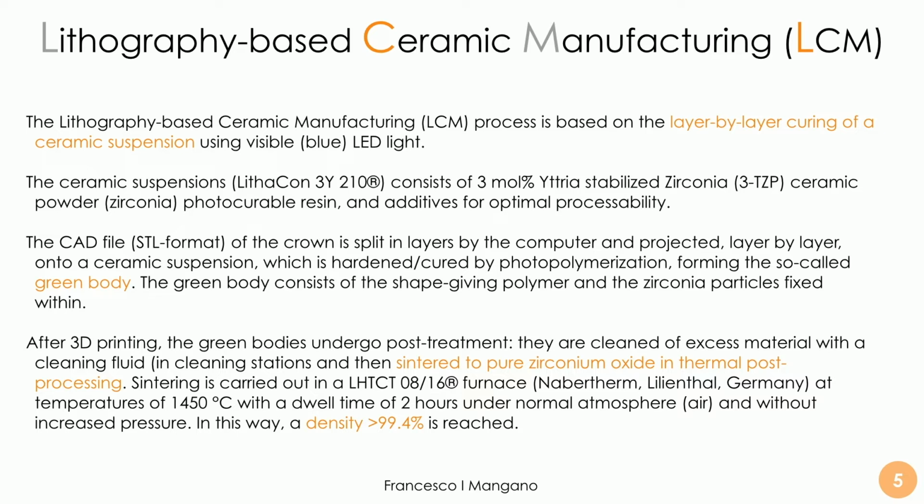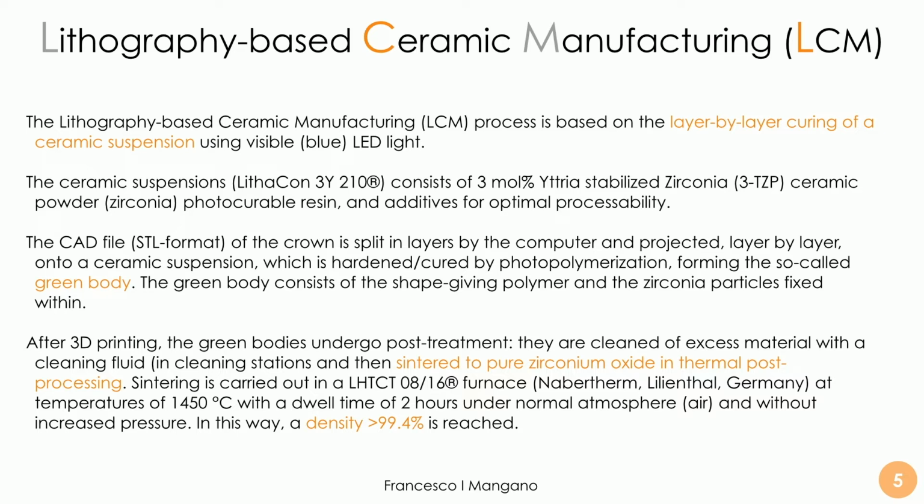Then after 3D printing, the green bodies undergo post-treatment, so they are cleaned of the excess material in a dedicated, proprietary cleaning fluid in a cleaning station, and then, most important thing, sintered in order to obtain pure zirconium oxide in the thermal post-processing.